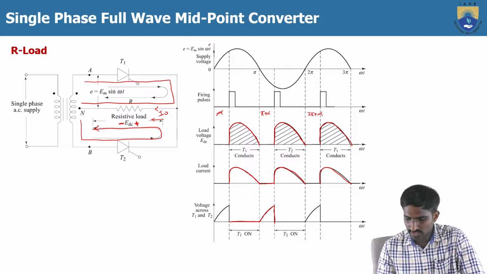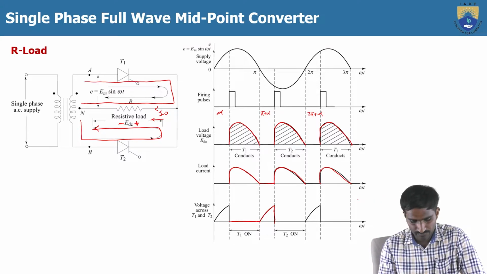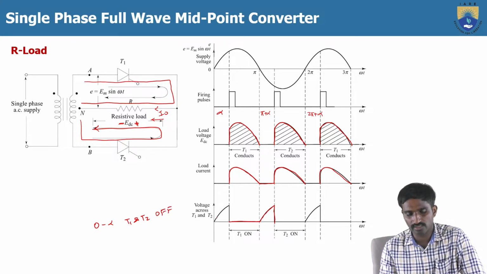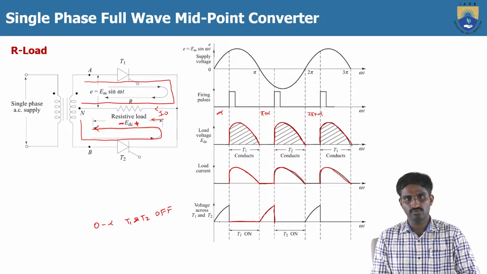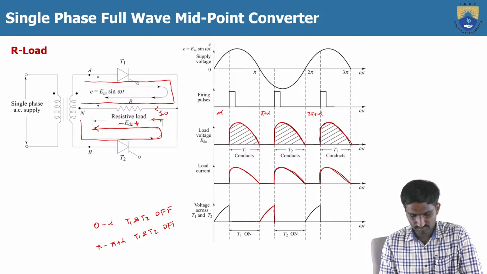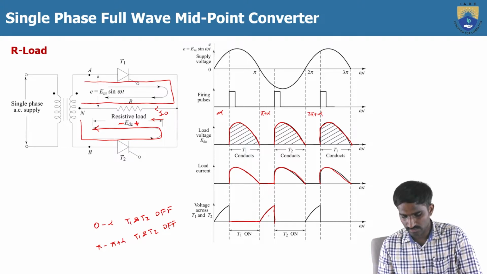Because you can see that between 0 and alpha, T1 and T2 are in the off state only. So that's why we will get the voltage across the thyristors T1 and T2. Similarly, at pi plus alpha also, T1 and T2 are turned off, so you will get the voltage across this one.